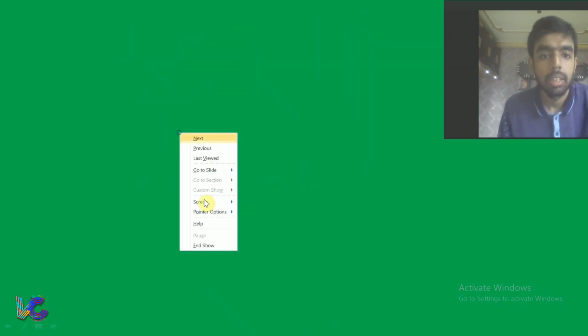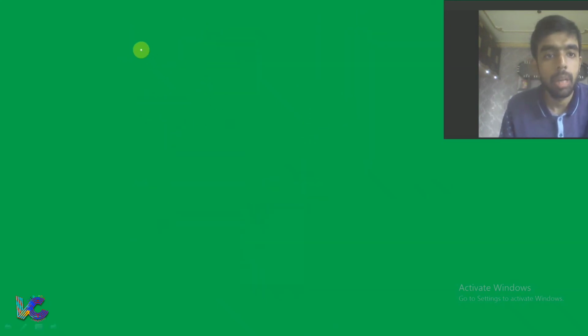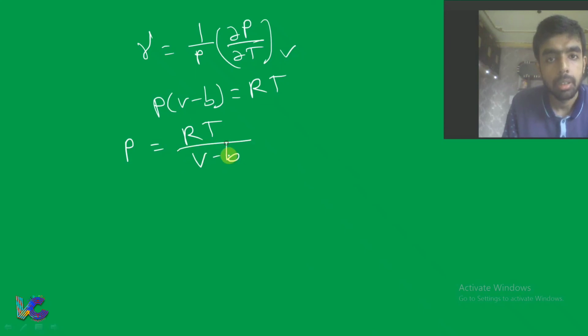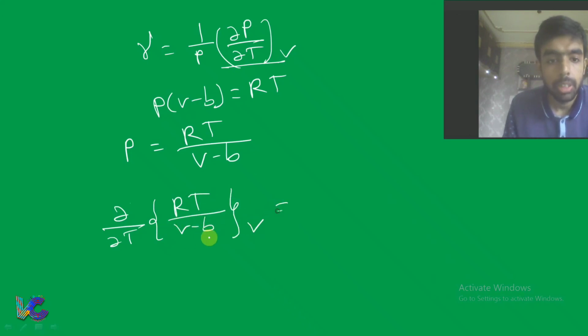Now let's see the value of gamma, which is 1 by P into del P by del T at constant V, for this gas P into (V minus B) equal to RT. So P is equal to RT by (V minus B). Now you have to calculate del P by del T at constant V, so del by del T of RT by (V minus B), at constant V. Now B is a constant, V is also constant, R is a universal gas constant.